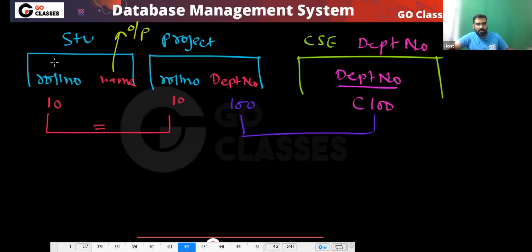This C100. Now, finally, what data did you get? You got the names. So finally, you will get the names of those students. Very simple. One by one now go.